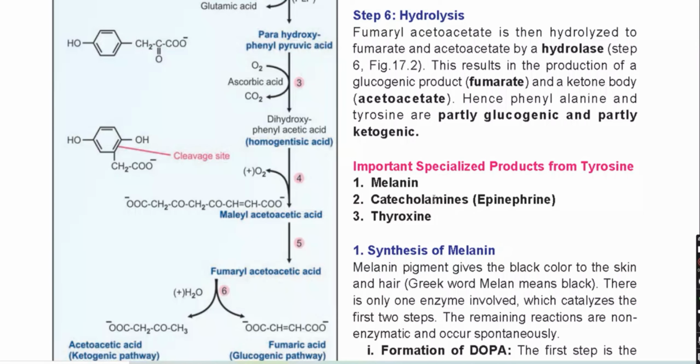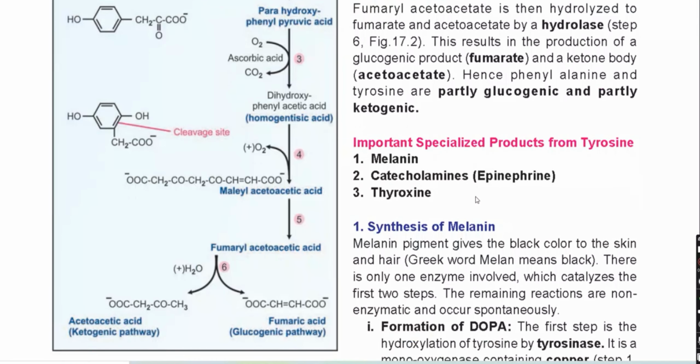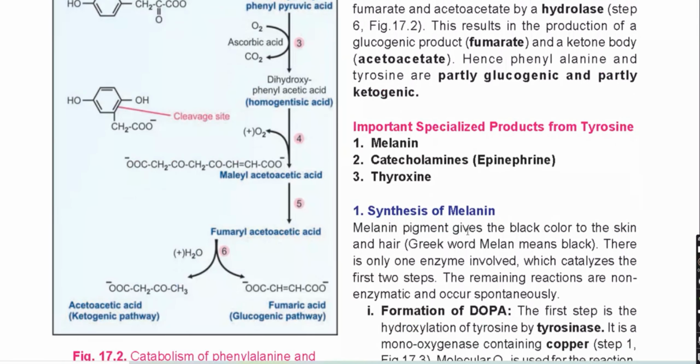How is melanin synthesized? Melanin is a pigment which gives the black color to our skin and also hair. Enzymes are involved and catalyze only the first two steps. The remaining reactions are non-enzymatic and occur spontaneously.